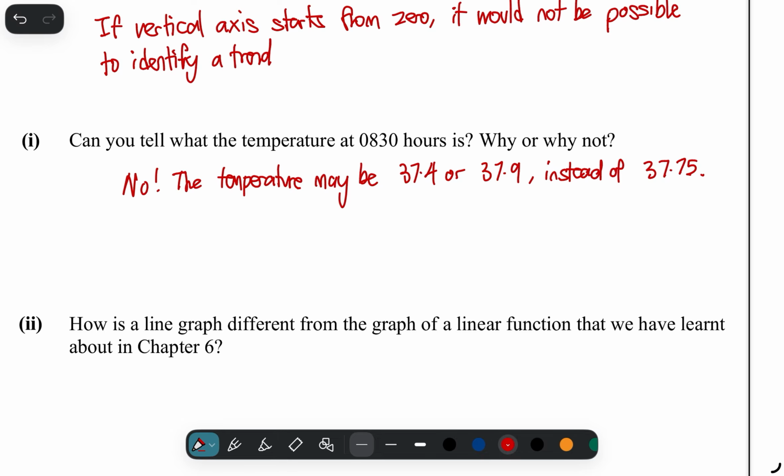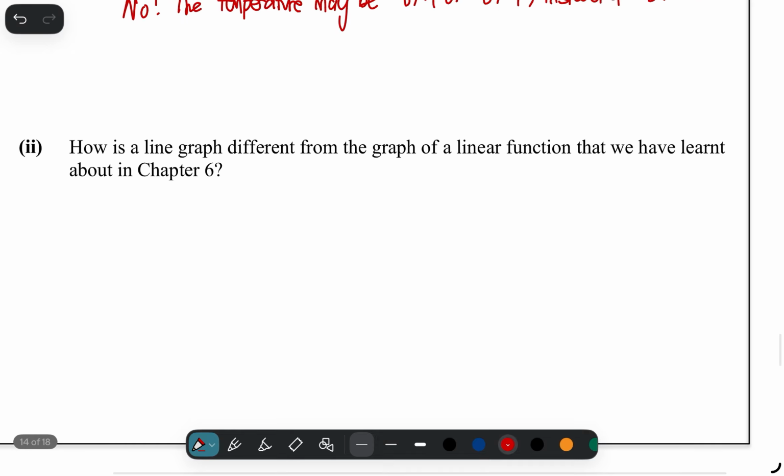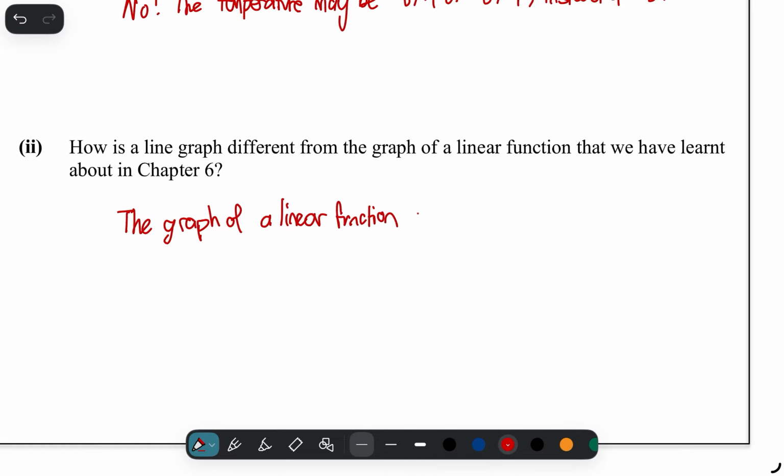And how is a line graph different from the graph of a linear function? We know that in a linear function, from what you have learned in chapter 6, the graph of a linear function is always a straight line.